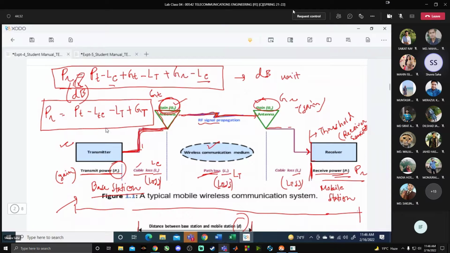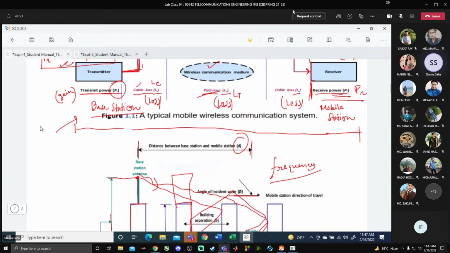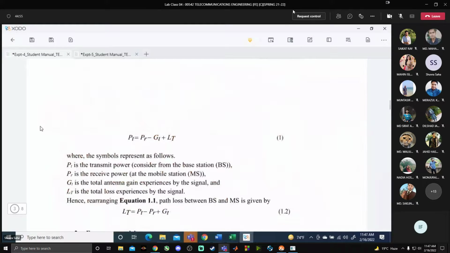Now, if we ignore the cable loss, if we do not want to include it, then you can write this equation as PR is equal to PT minus LT plus GT. So now if we look at the generic model equation that is given below, from there we bring PR is equal to PT minus LT plus GT.